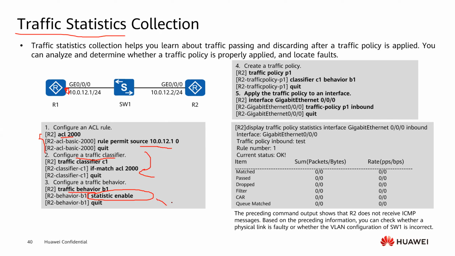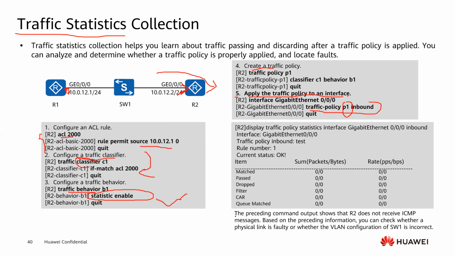That means the traffic will be all counted. To create a traffic policy, we bind the classifier and the behavior together. And last, we apply the traffic policy on an interface. Here we run traffic-policy P1 inbound. This is the name of the traffic policy, and inbound means the direction of receiving packets.